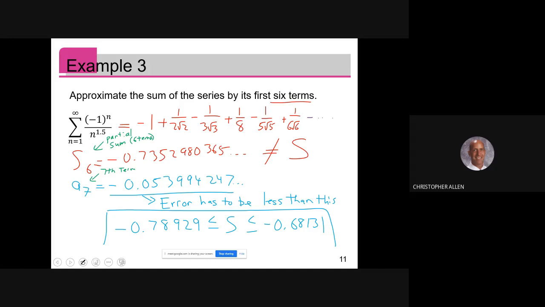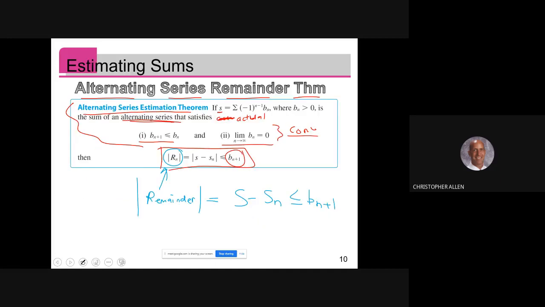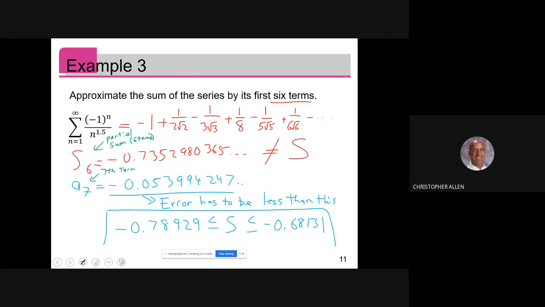Okay, so here's how I finish this off. This theorem basically tells me my error, the amount I'm off, is based on the next term in the sequence. So when I got this answer here, this was an approximate answer for the sum. This answer is at most off this much. So if I add this to this, that gave me the negative 0.78929.